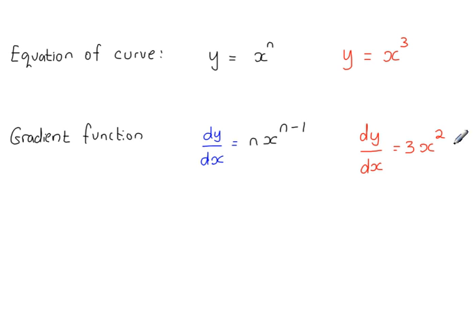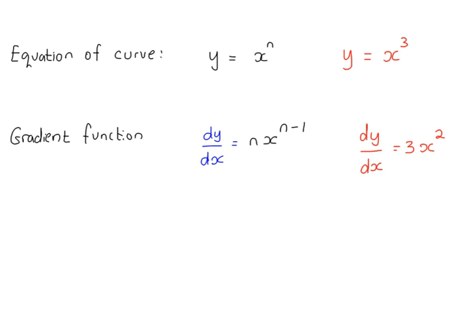So for any particular point on the curve, if we substitute a value of x, so if we put the x coordinate into this formula, we can work out the gradient on the curve.